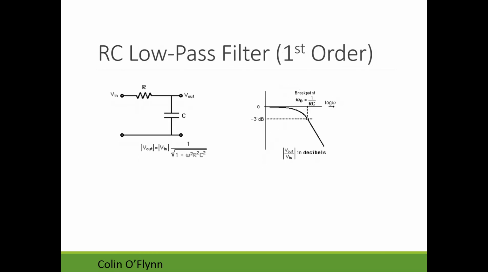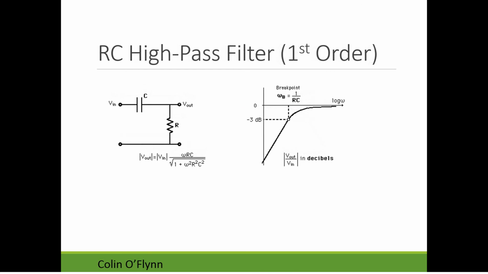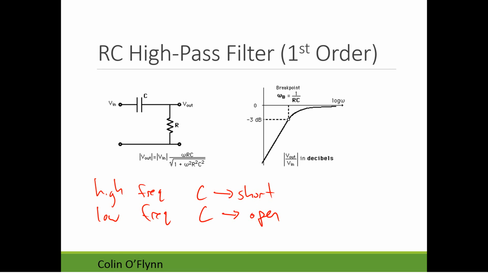If you want to analyze it intuitively, if you can't remember which way it's supposed to be, all you have to remember is that at high frequencies, a capacitor is basically a short, and at low frequencies, like DC, the capacitor is basically open. So you know this is a high-pass filter because in this configuration, at very high frequencies, this capacitor you could replace with a wire.